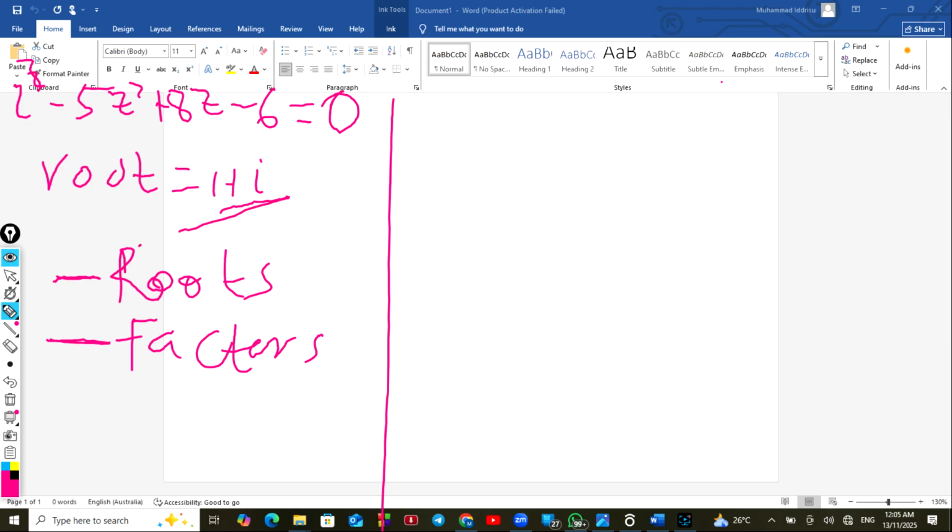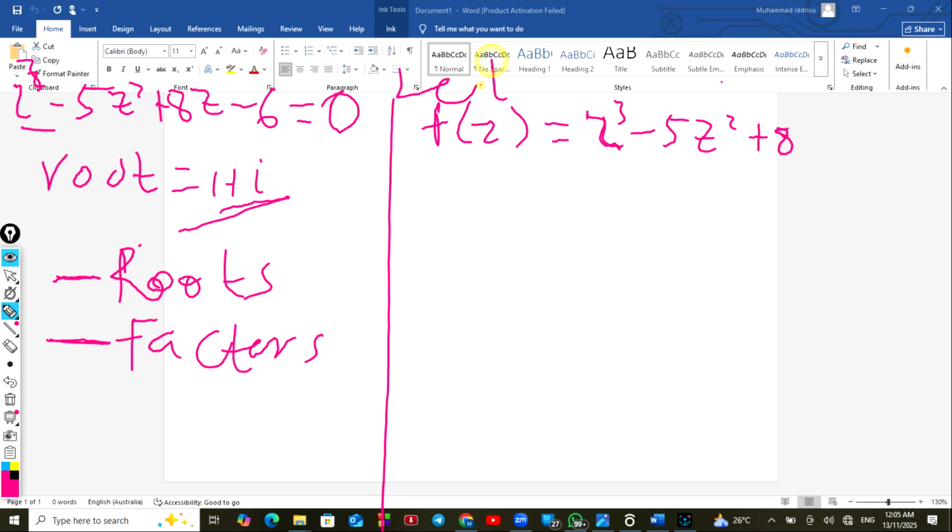The root simply means that if we take this as f of z is equal to z cubed minus 5z squared plus 8z, you can, if you want to do what I'm saying, define f of z. So let f of z is equal to z cubed minus 5z squared plus 8z minus 6. But we've been told that 1 plus i is a root of this.